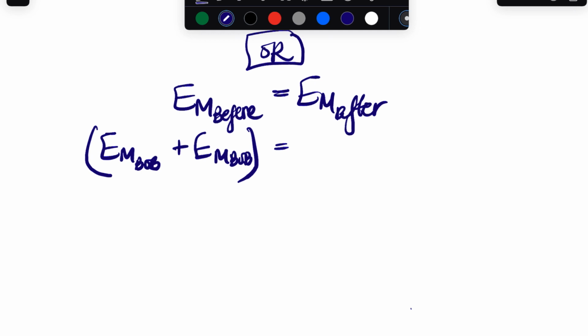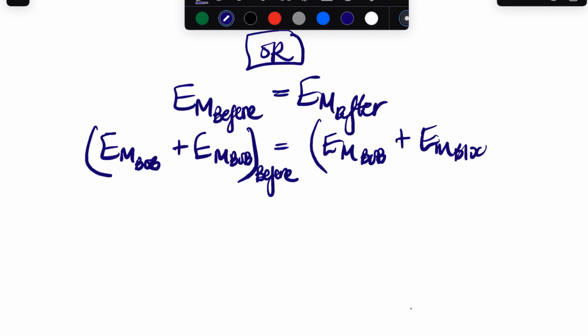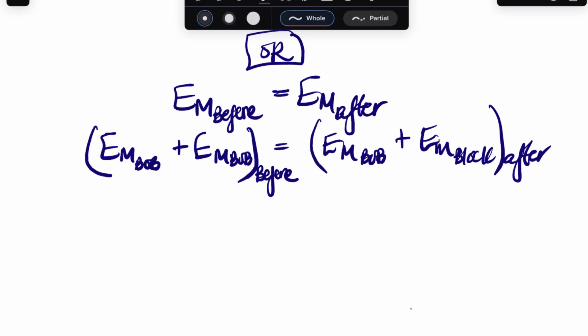This is before, as I've mentioned, and the mechanical energy of the bulb plus the mechanical energy of the block. This is after. Let me fix this error here. This is supposed to be block.